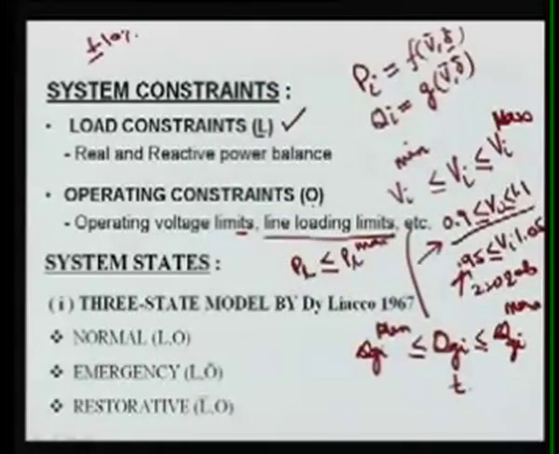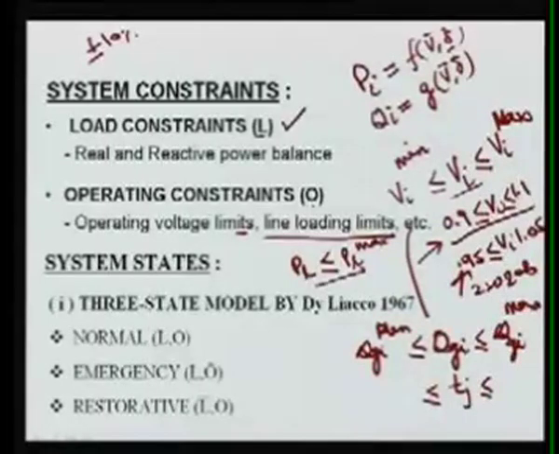We can also go for the tappings at any bus. Let's suppose a transformer is there, so it should be within its transformer tap limits. So these are the various limits related to the voltage, line flow or branch flow, reactive power generation, and transformer tappings, which basically come into the operating constraints of the power system.